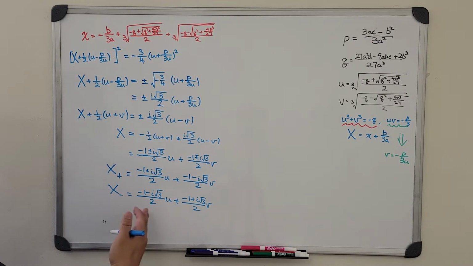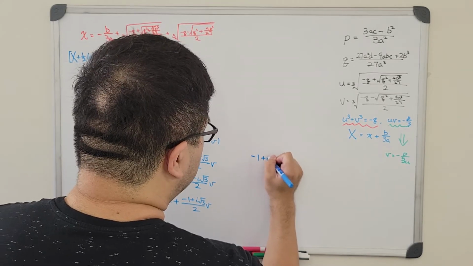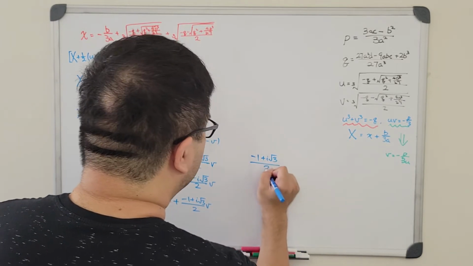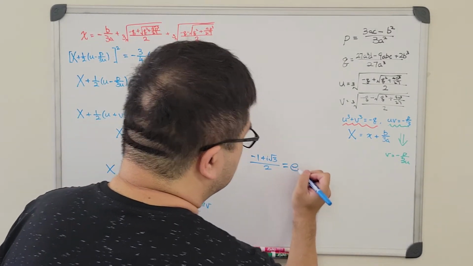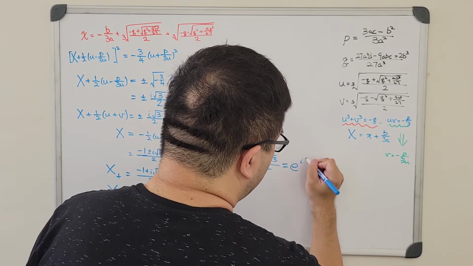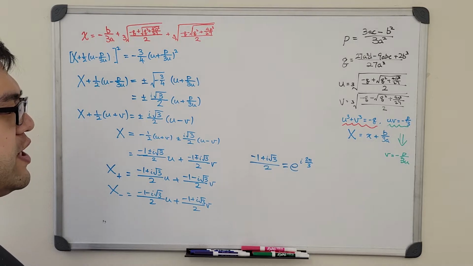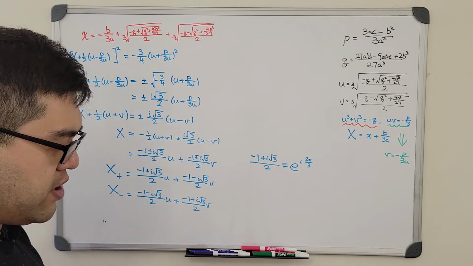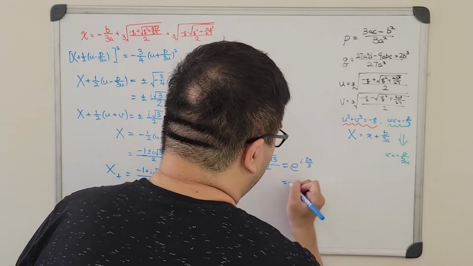What makes those two values so special? Well, here is the deal. This is in fact equal to e to the i times 2 pi over 3, and again this is related to something called complex analysis.